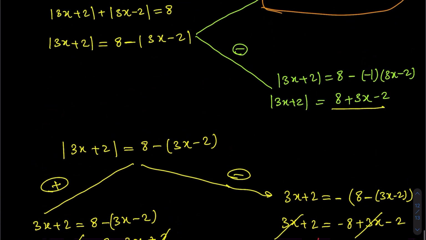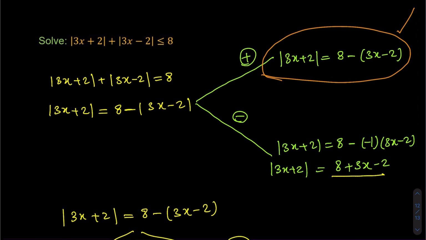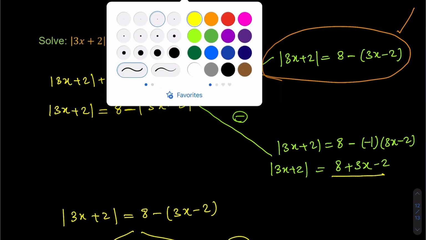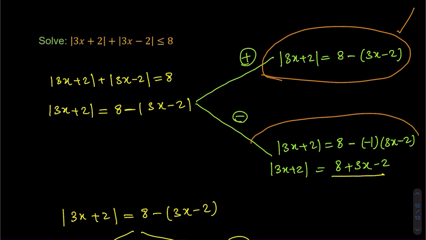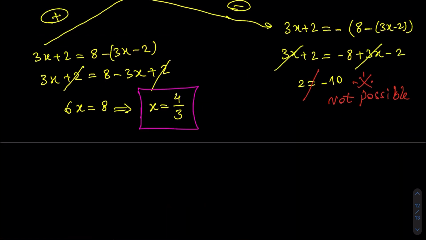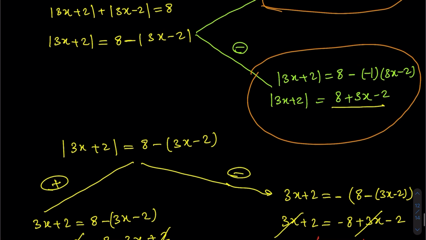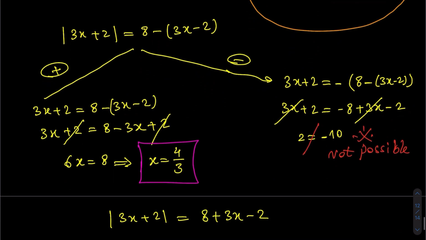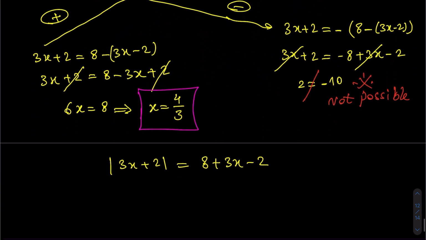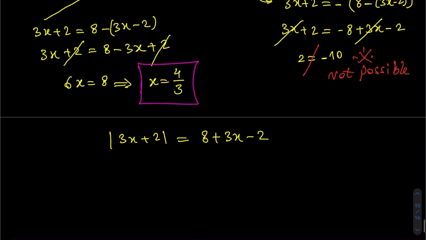So now we have done the first possible outcome. Now we will move to the second one, which is here. 3x plus 2 is equal to 8 plus 3x minus 2, the one that we simplified. Now, again, in this case, we will have two possible outcomes.